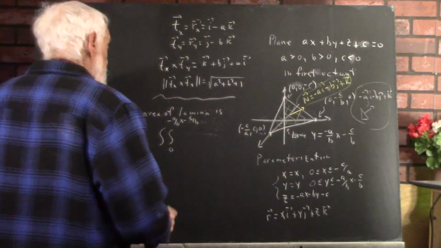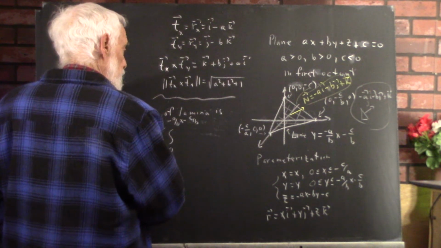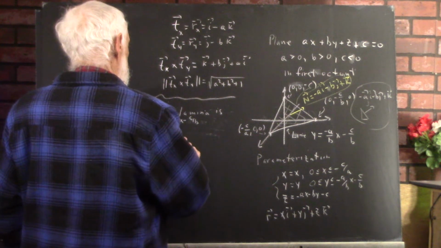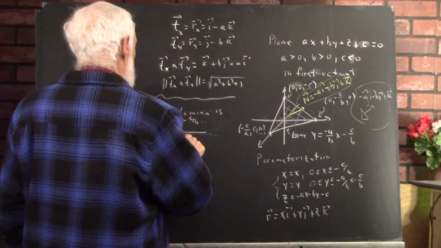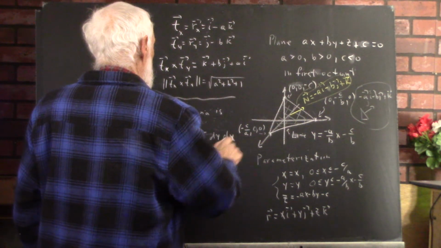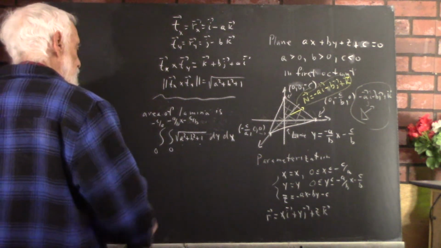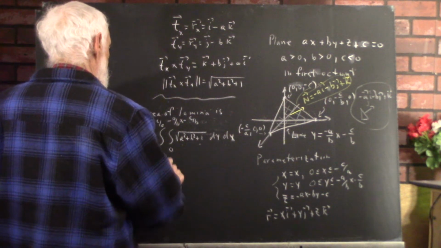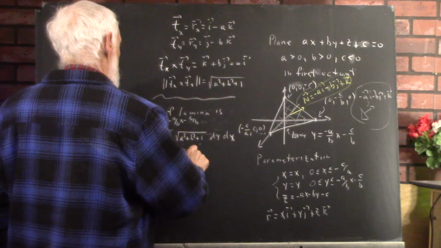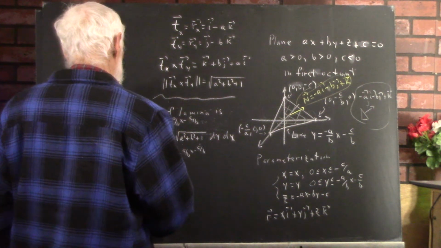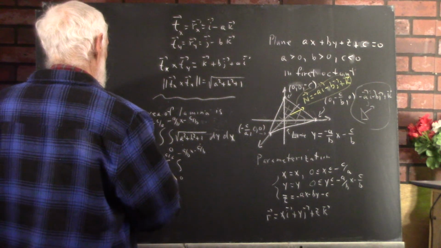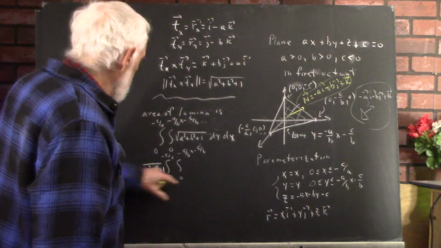You don't have to worry too much about them. And then from 0 to negative c over a of this multiplier dy dx. This is constant, so it just comes out of here.